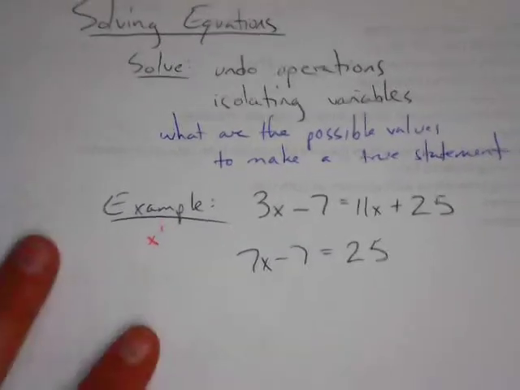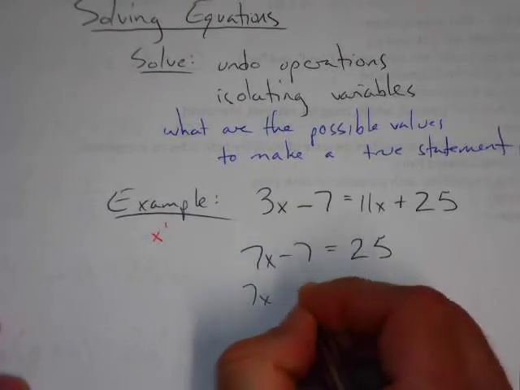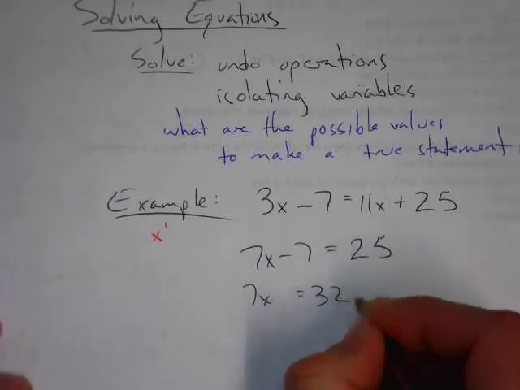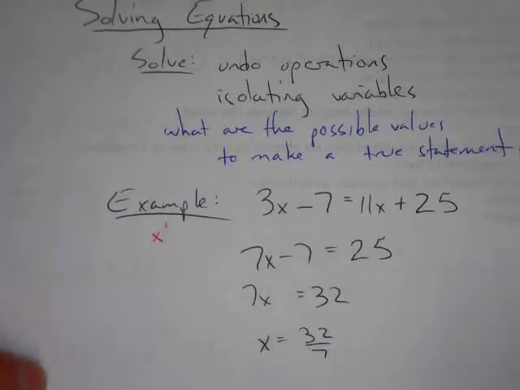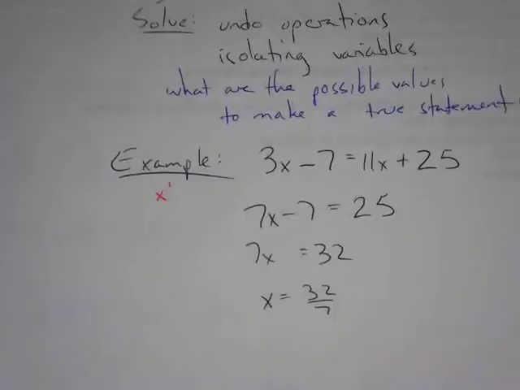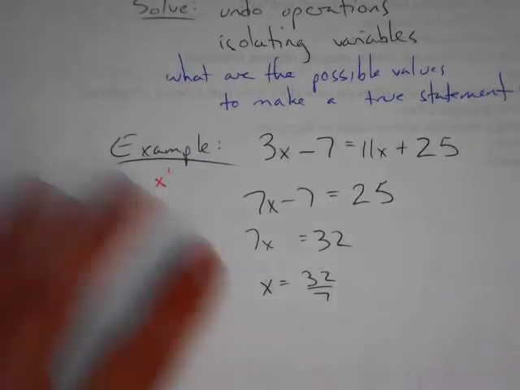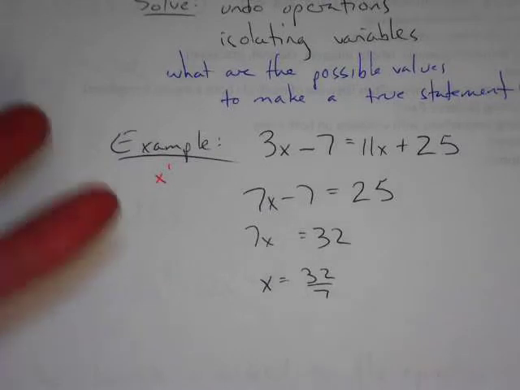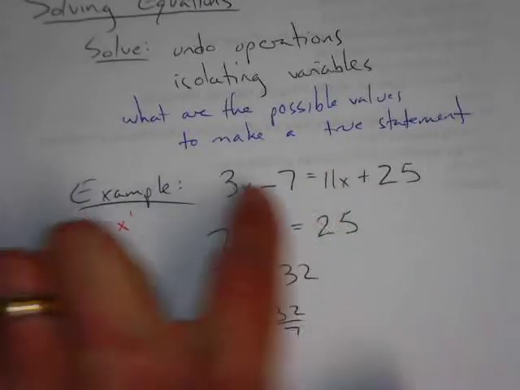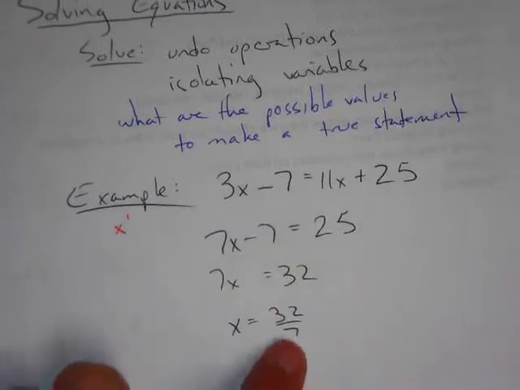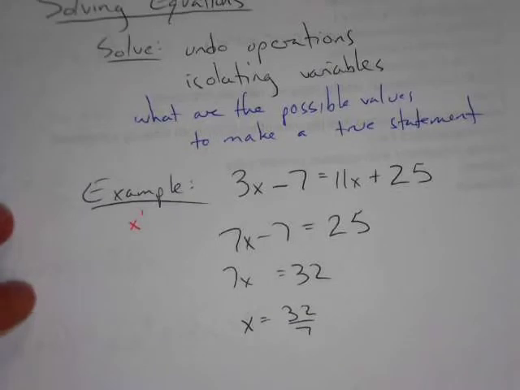Then I would add 7 on both sides, so I'd have 7x equals 32, and then divide both sides by 7. That's how we used to solve. I have the variable by itself, x to the first power. That's what we used to do, undo operations. Now what we're saying is the value for x that would make this original statement true is 32 over 7. That's how that would work in the past.